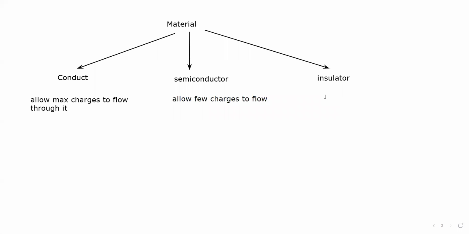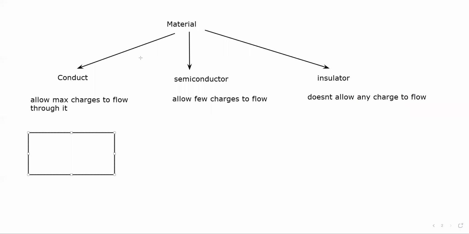And if a material is an insulator, it does not allow any charge to flow through it. So basically why we have a conductor, semiconductor, insulator is because of their internal structures. What is the structure of the conductor? Conductors are metals.